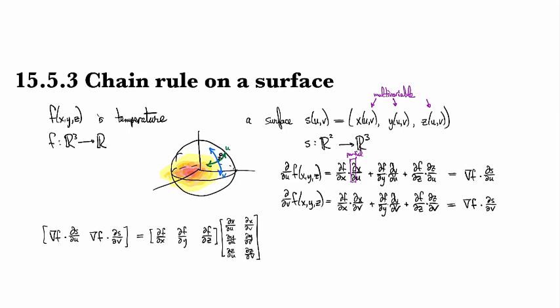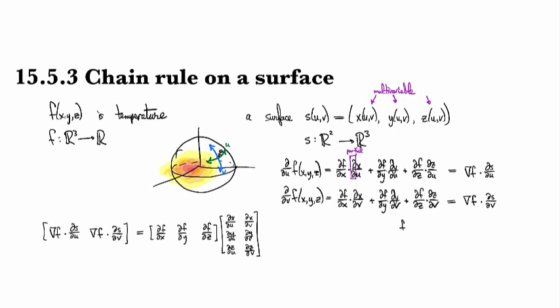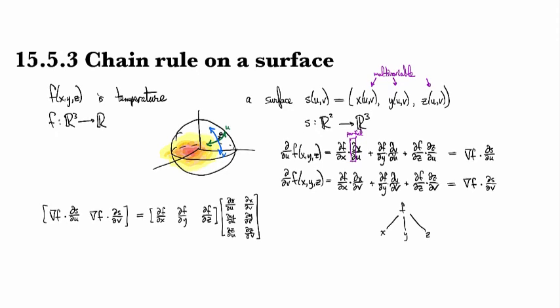And in fact, you might choose to think about this in a somewhat simpler fashion using the following tree diagram. So this is sort of to map out the dependencies. So we have f, and f depends on x and y and z, and then x depends on u and v, and y depends on u and v, and z depends on u and v.